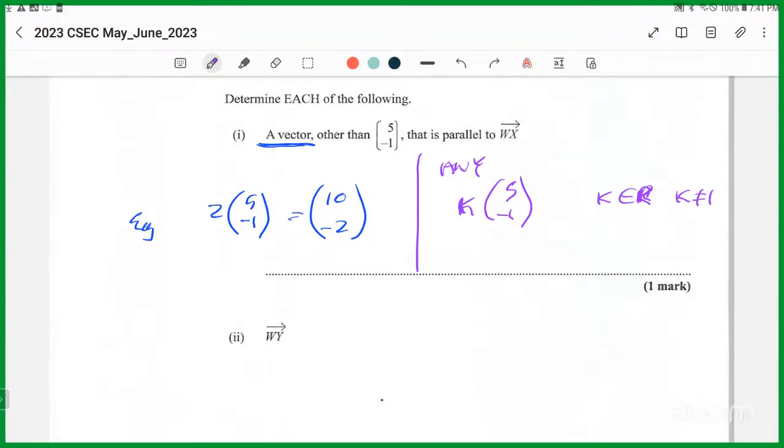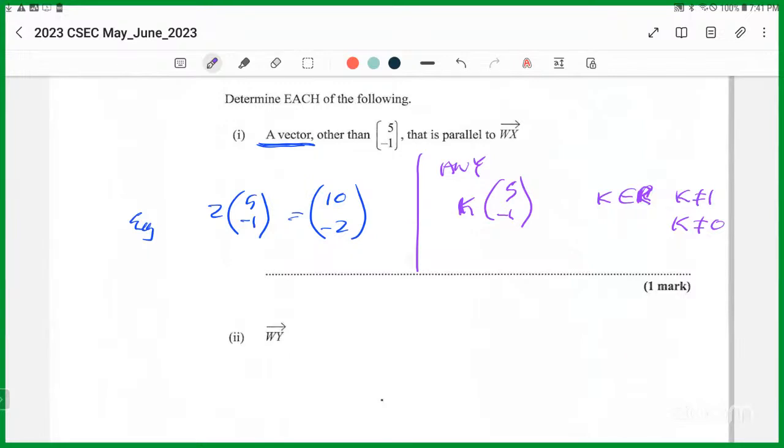If you have zero, you don't have a vector. They don't want one, and I don't want zero. You get the picture. Any number you want, you multiply by the vector, and you get a parallel vector.